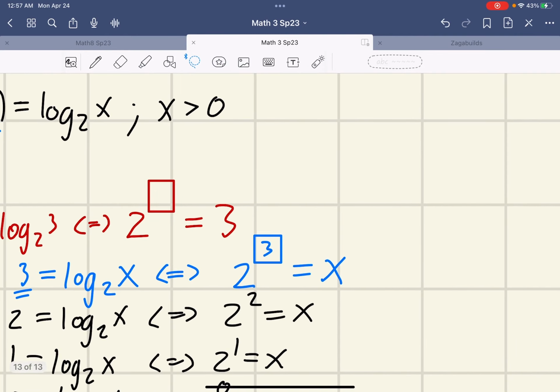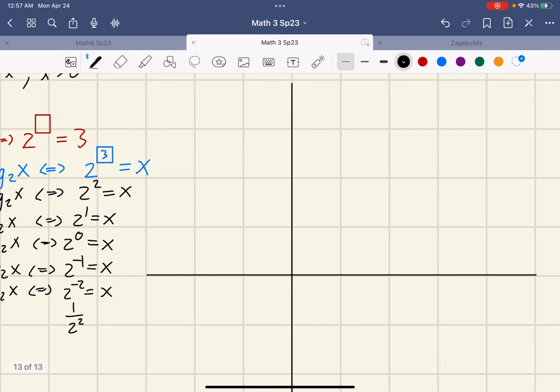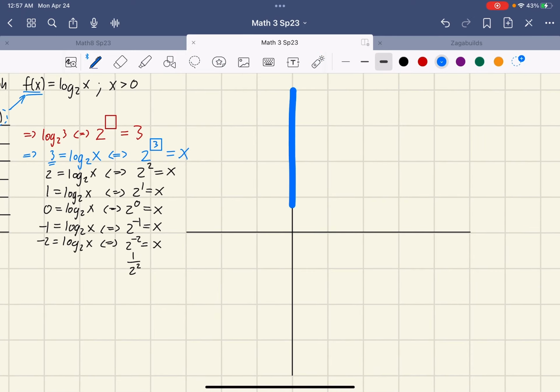Our argument, which is our x, cannot be equal to 0. It has to be strictly greater than 0. So that means we have a vertical asymptote, just like the exponential had a horizontal one. I'm writing it in bold, so I don't want to make tick marks, which I guess I can. I'll just do it.